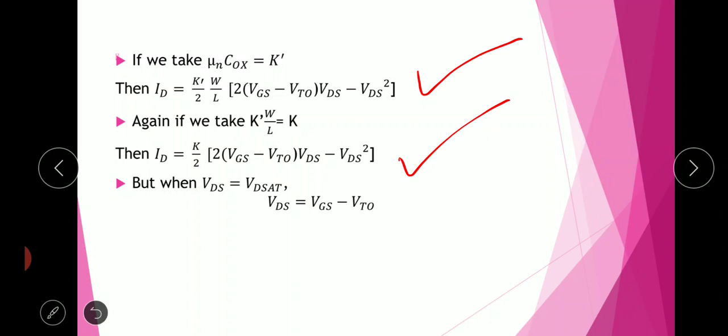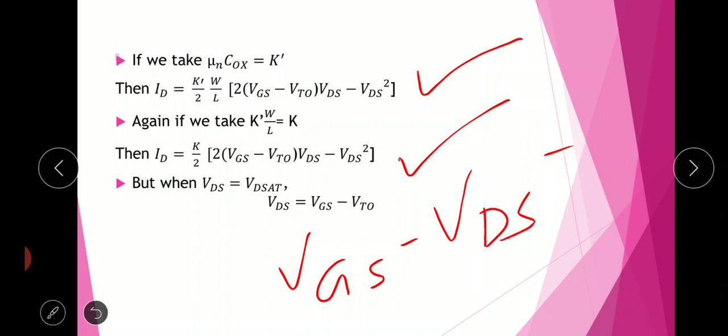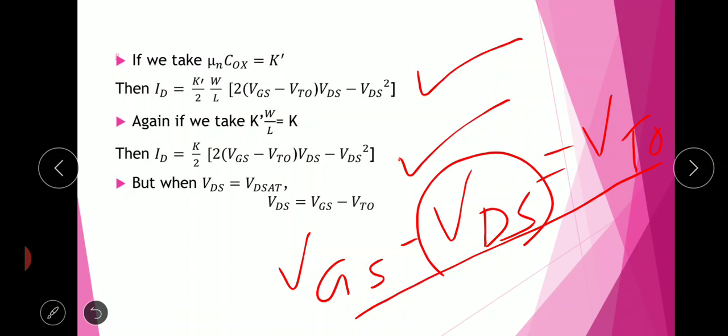But when the drain current reaches the pinch off condition, means at saturation voltage, at that time we know that the voltage difference VGS minus VDS equal to threshold voltage. So from this equation we get the value for VDS, so VDS equal to VGS minus VT0.